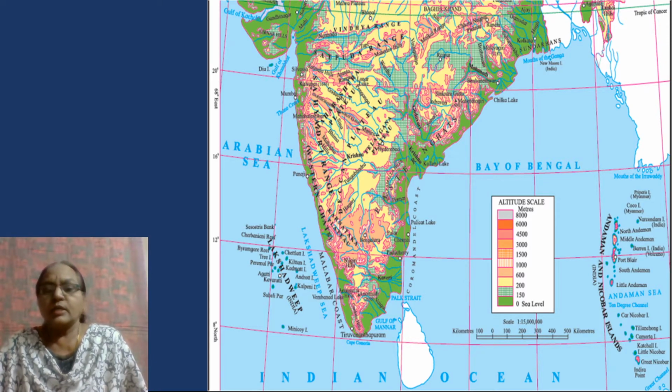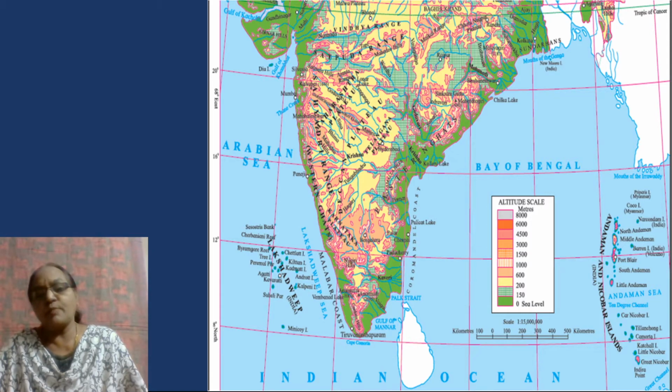All right. Now, next is the western coast. When you compare the western coastline with the eastern coastline, you find the western coastline is narrow, the eastern coastline is broad. The western coastline borders the Arabian Sea, the eastern coastline borders the Bay of Bengal.